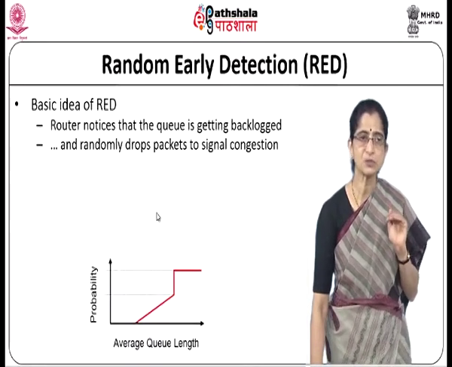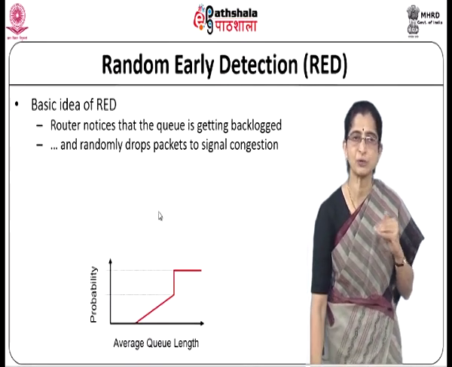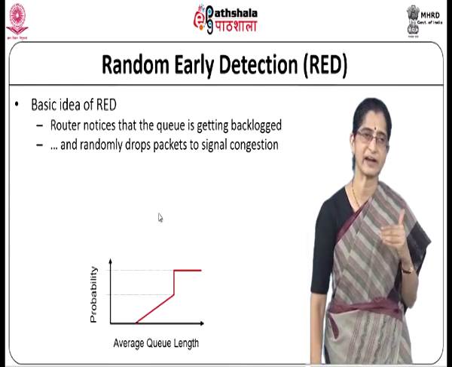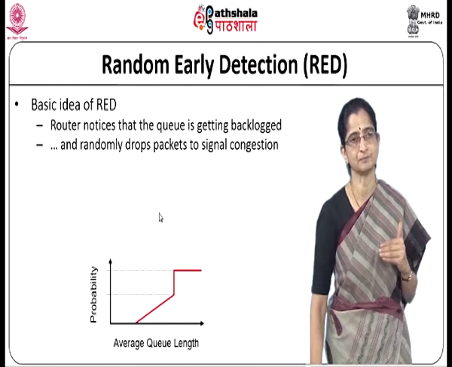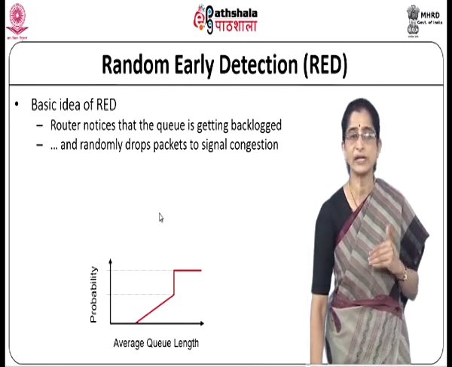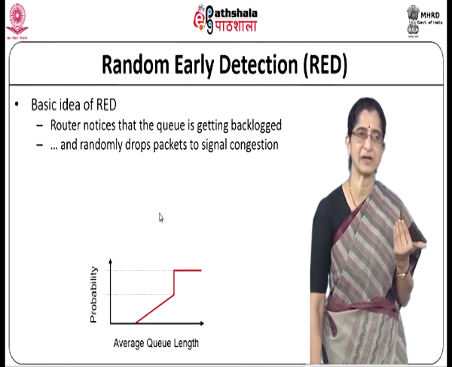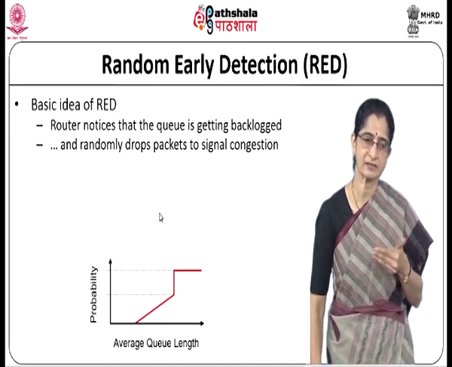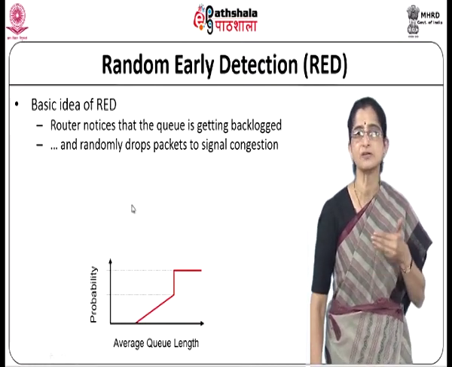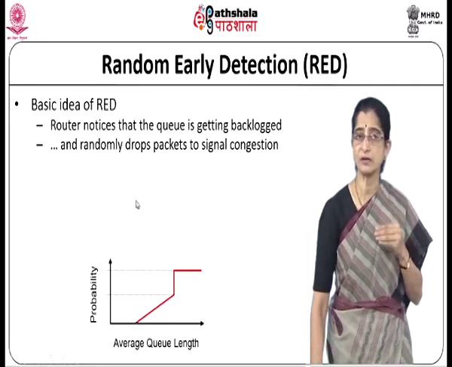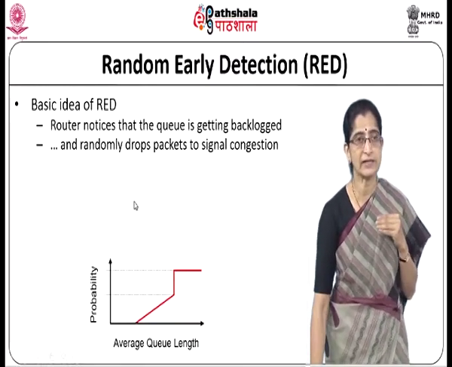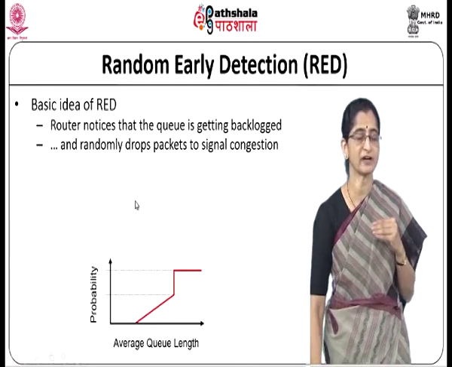This is what we try to do in what is called the random early detection, or RED, mechanism. RED is a mechanism used along with routers in order to inform TCP in some manner that the buffers at the routers are becoming full. How does the router inform the end system, the host running TCP?